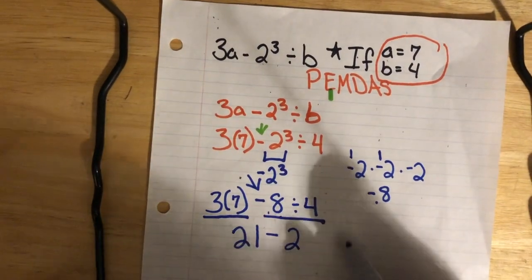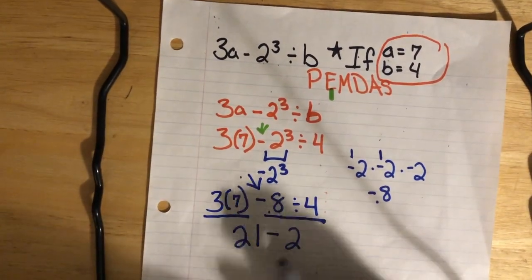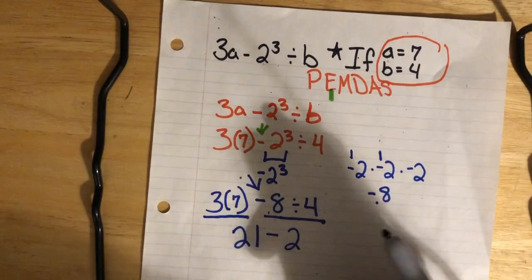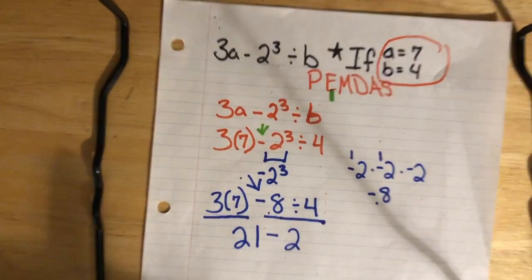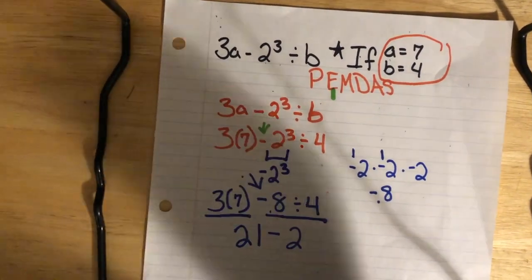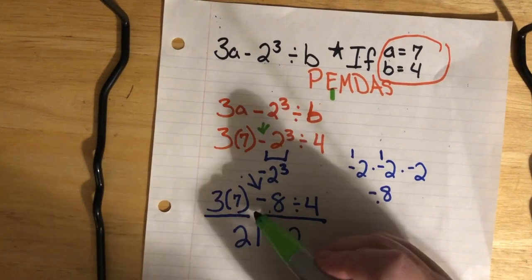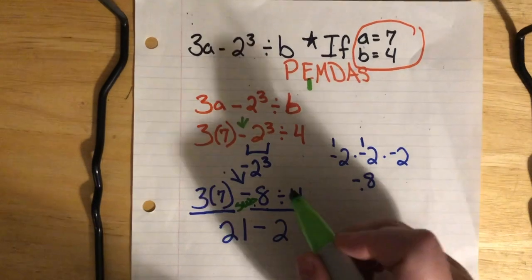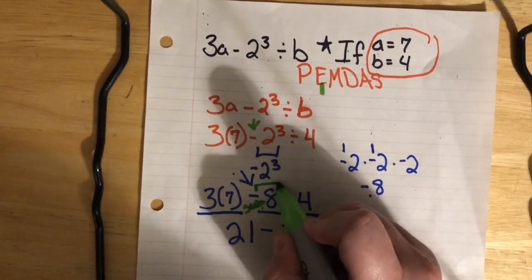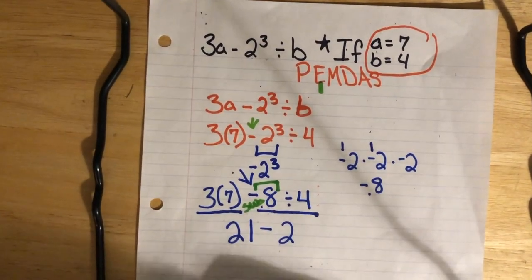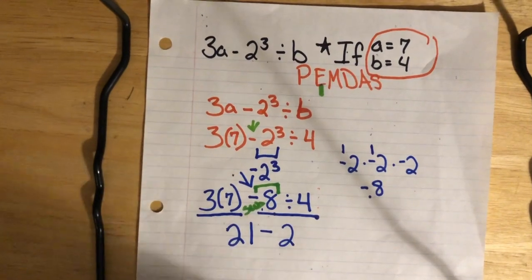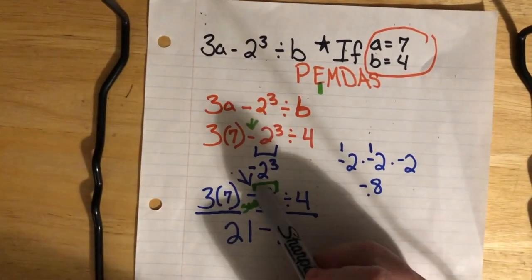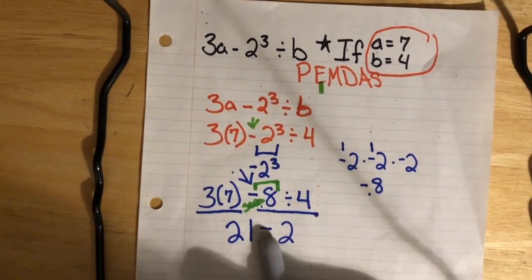Now, if you're getting a little confused, yet again, when we look at this whole thing, this is subtraction. When we just look at it individually, it's a negative. And then the sign goes right here.